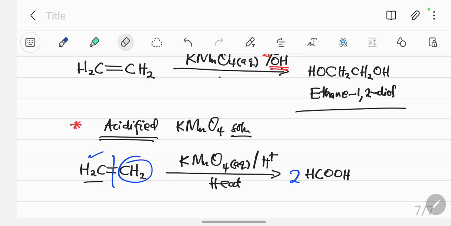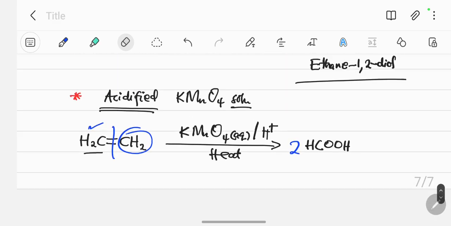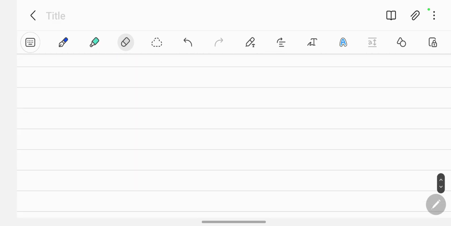So after that, we have ozonolysis as a reaction there.